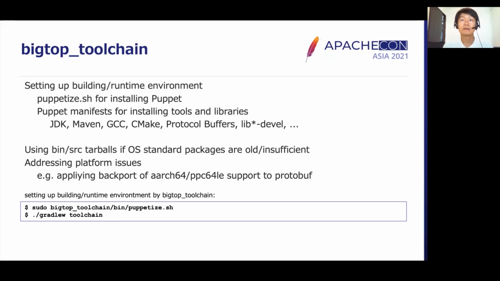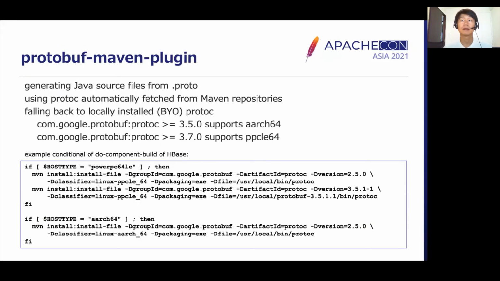Some products require old protocol buffers, which do not yet support ARM or Power architecture. Bigtop toolchain applies a backporting patch, adding architecture support to address this. Recent versions of Hadoop, HBase, and some other products leverage the Protobuf Maven plugin.